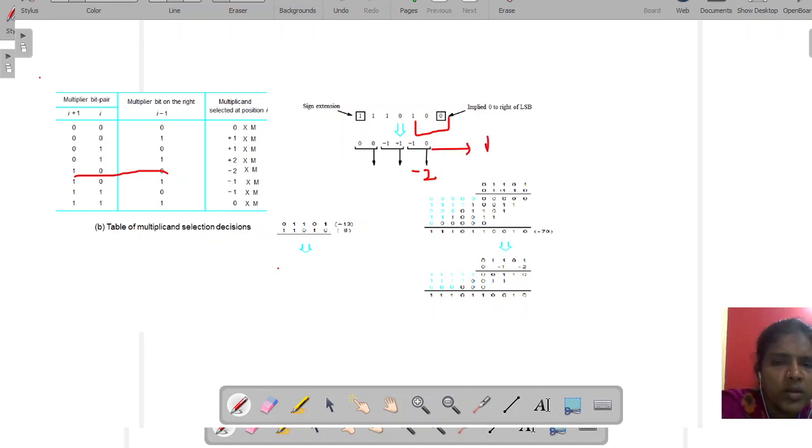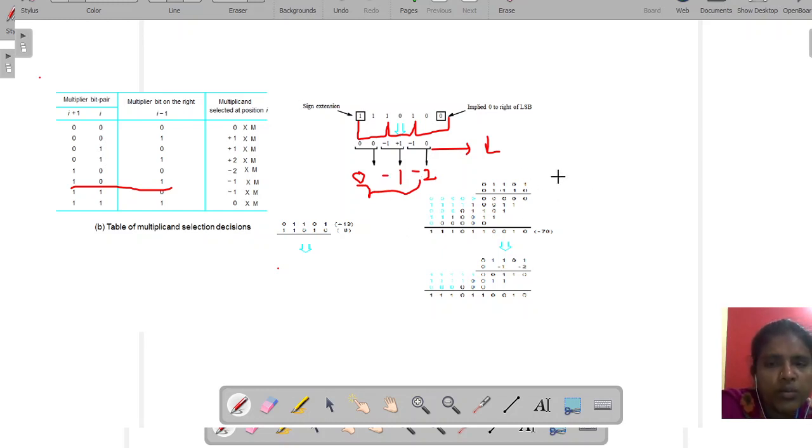I have omitted the intermediate step. Now take the next group, 101. The 101 group is minus 1. And the last three digits, 111, are nothing but 0. Here is your number. This is the new bit pair recoded multiplier.